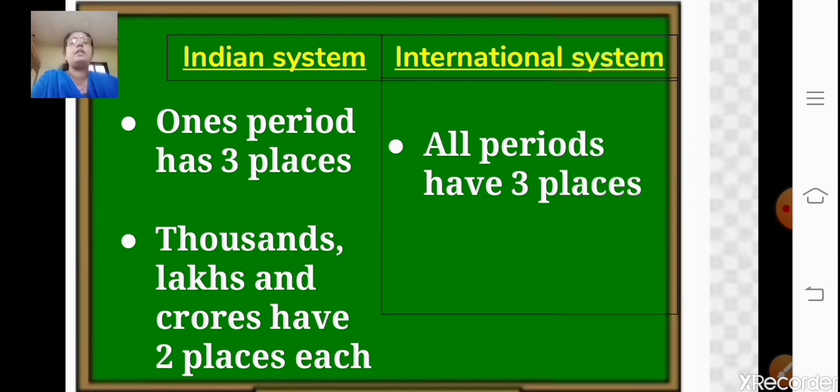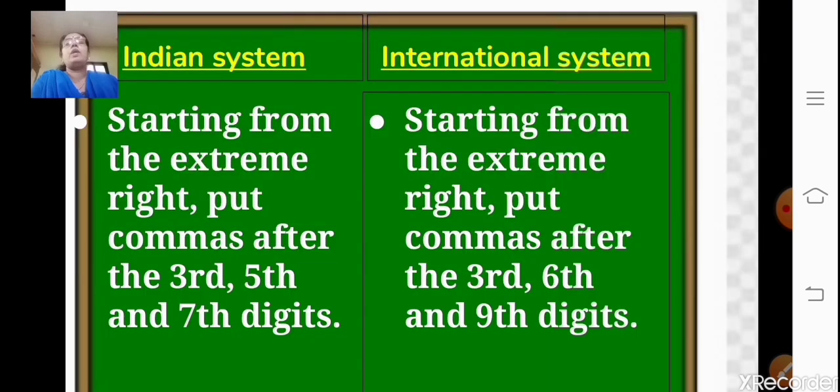In the Indian system, starting from the extreme right, we put the commas after the third digit, fifth digit and seventh digit. Whereas in the international system, from the extreme right, we put the commas after the third, sixth and ninth digits, that is after every three digits.